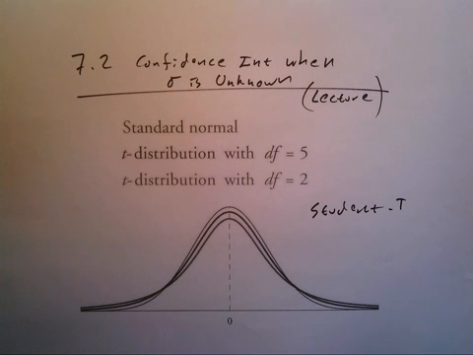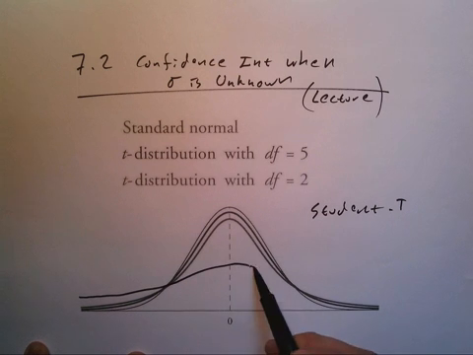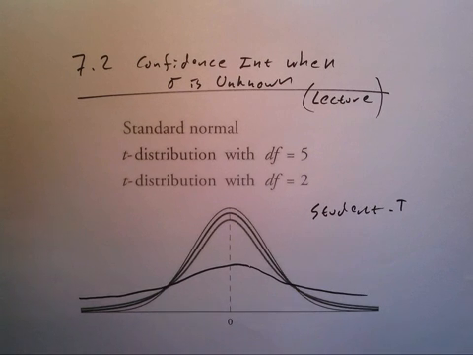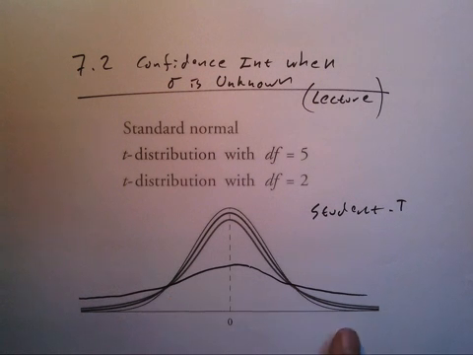Now, the thing to understand about a student t distribution, or just a t distribution, is that it's a family of curves. In other words, I'm going to draw a new line here, and you see how this line hits the same point right here, but it doesn't get quite as high?